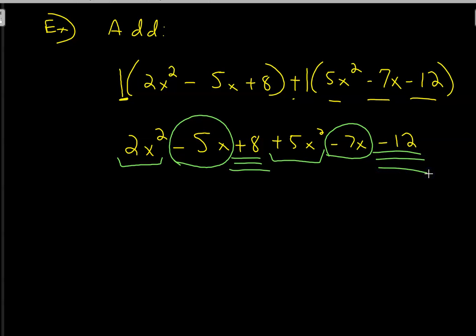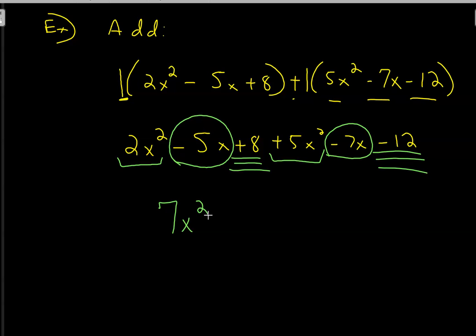So when I combine my like terms, 2x squared goes with 5x squared. So 2x squared plus 5x squared gives you 7x squared. Negative 5x and negative 7x basically have the same sign in front, negative.